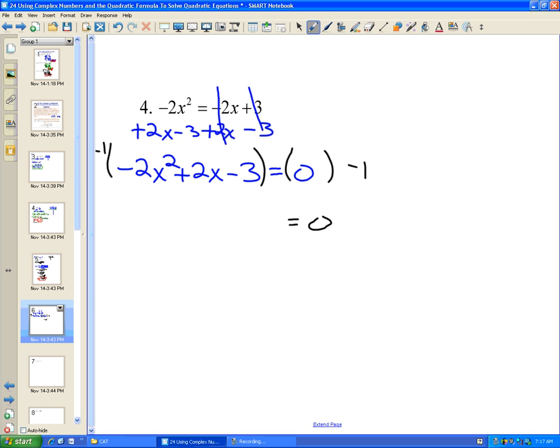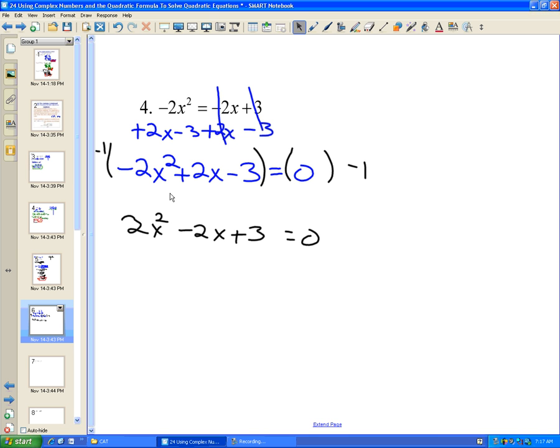On the left side, I get 2x squared minus 2x plus 3. I didn't change my problem, I just multiplied both sides by negative 1. My leading coefficient, my a term, is now positive, and it's a lot easier and nicer to do.